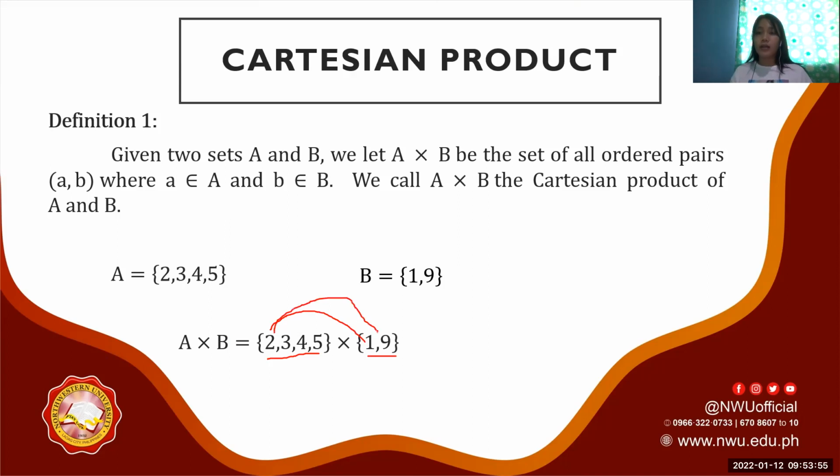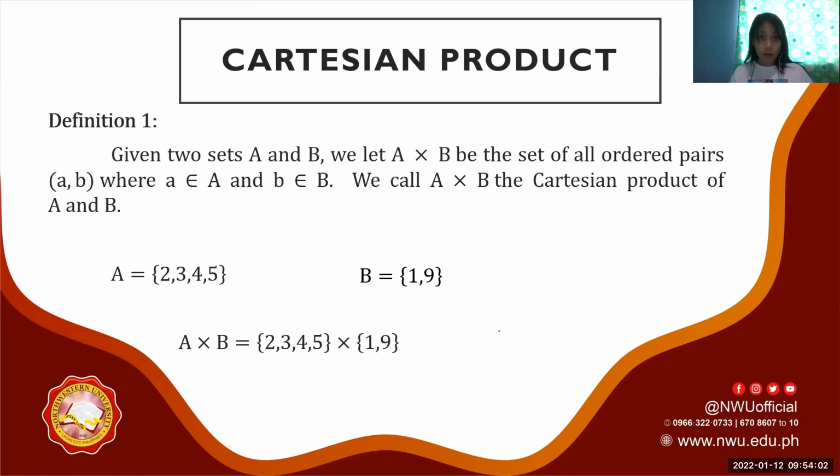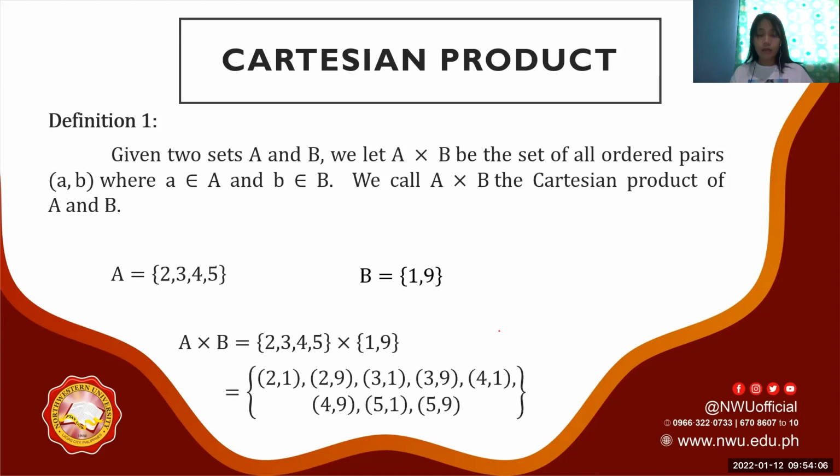Ni 2, imap mo kay 9. 3, 1, 3, 9. So you're just going to write them in terms of ordered pairs, and they are in a set. So this is the Cartesian product A to B.